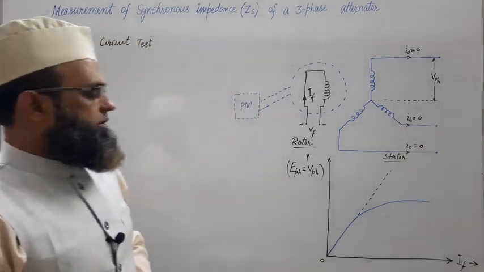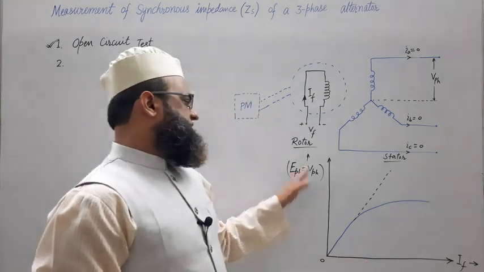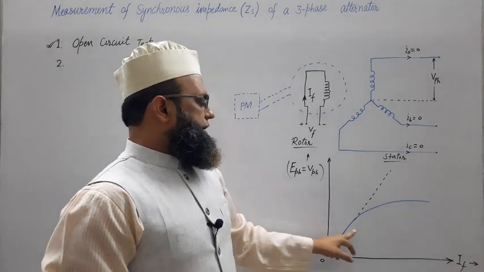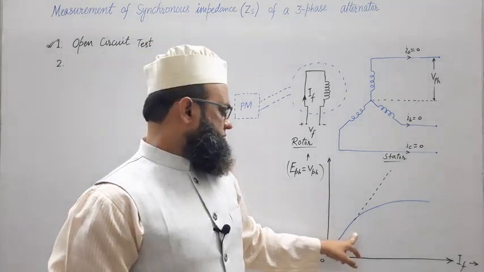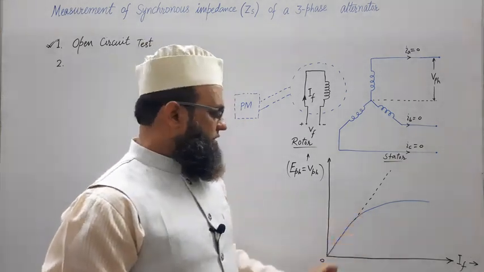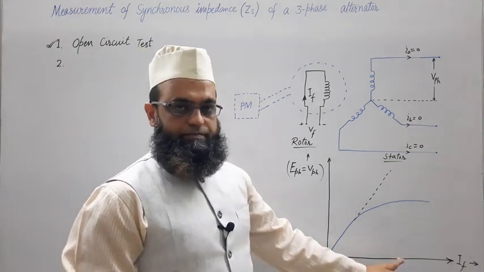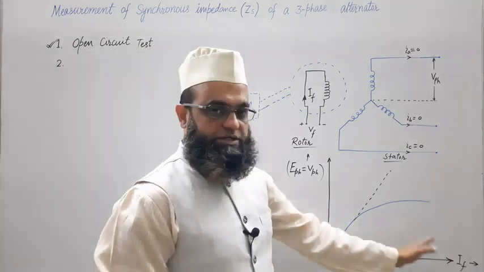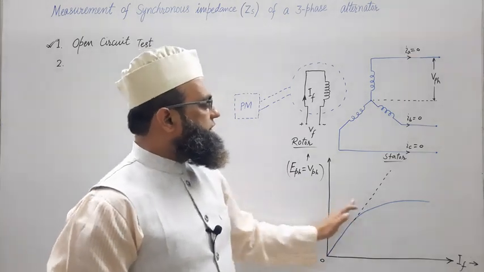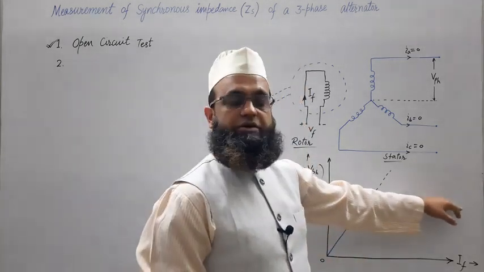So what can we observe? For smaller values of field current, the variation in EPH or VPH is linear, directly proportional to the field current. But as IF increases further, the rate of increase decreases and the rate becomes 0, that is, it gets saturated.